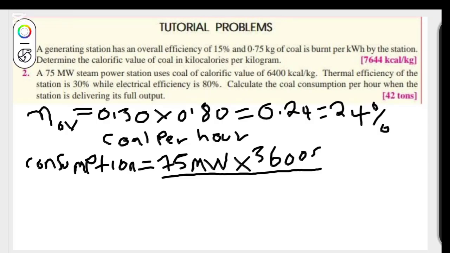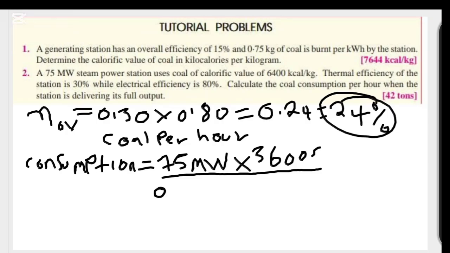Then you have to divide it by the overall efficiency, which is 0.24 after dividing it by 100.